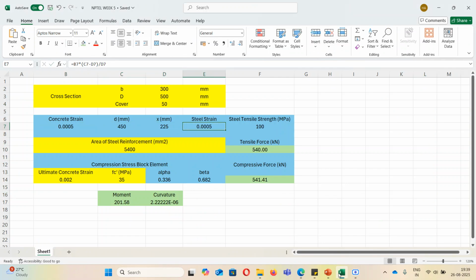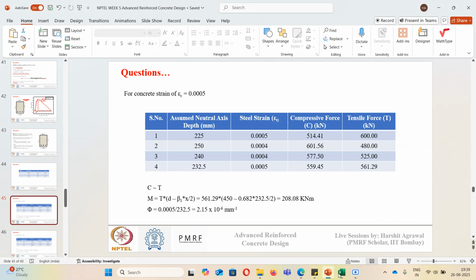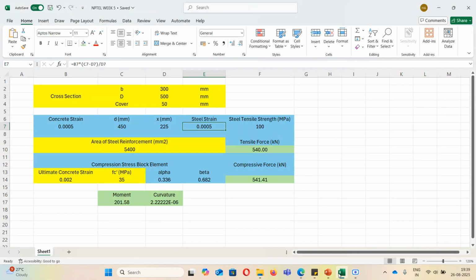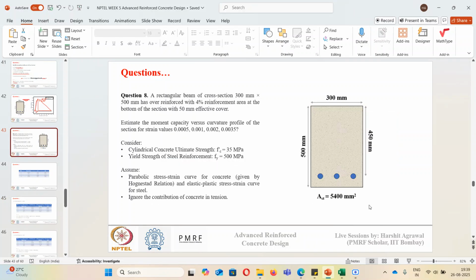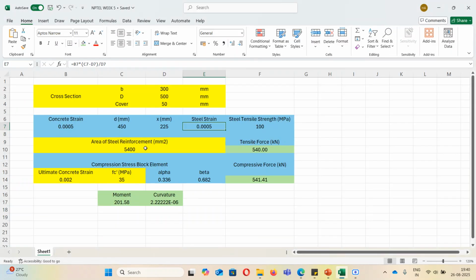Now the area will be B times capital D. I just need to calculate again. I took the small d. It is the total area of concrete that I need to consider. So 4 into 0.01 into 300 into 500, so it is 6,000. This is not 5,400, this is 6,000. So I will just repeat 6,000 here.